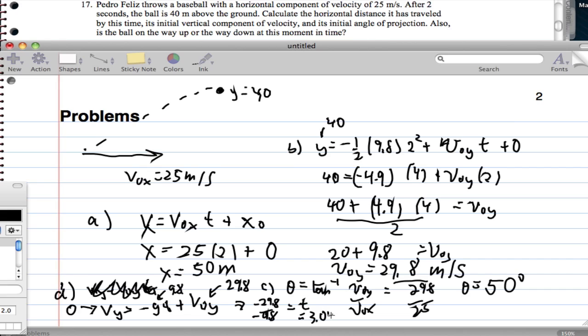If it takes us 3.04 seconds to get to the top, and we're only at 2 seconds up, this must mean that in part D, we are on our way up. Excellent. Now, let's go ahead and take a look at the next problem.